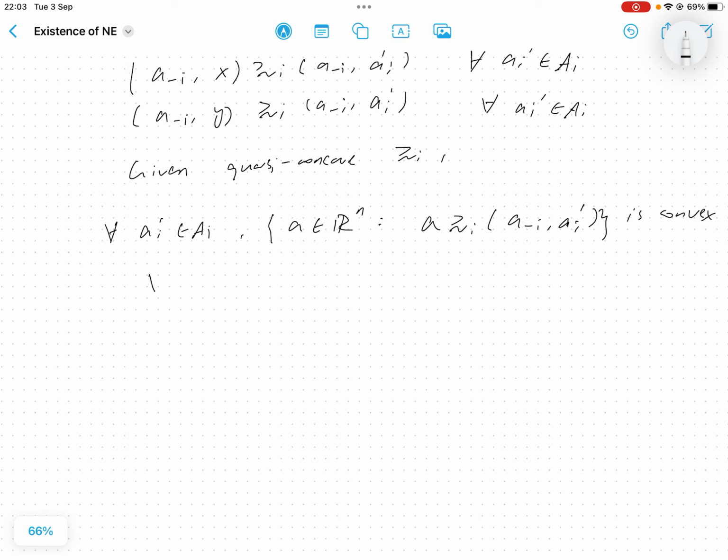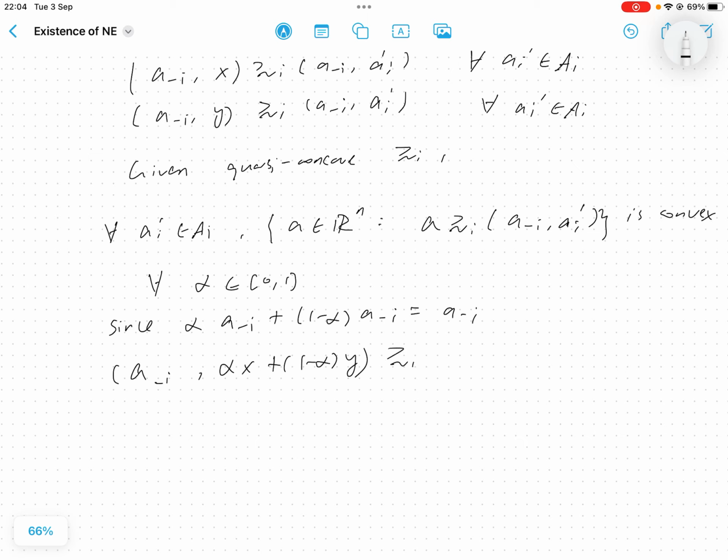And then for any alpha between 0 and 1, we also have that (a_{-i}, alpha x plus (1 minus alpha) y) is weakly preferred to (a_{-i}, a_i prime). So this outcome gives weakly higher utility than the other one.